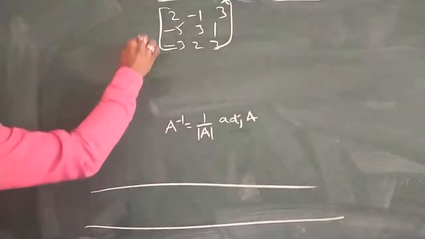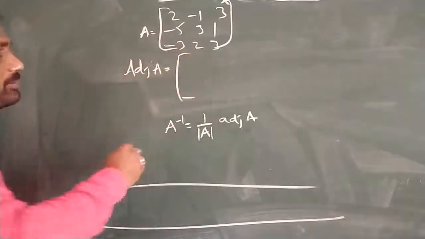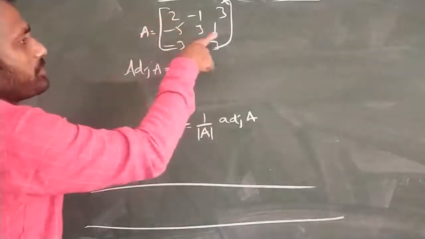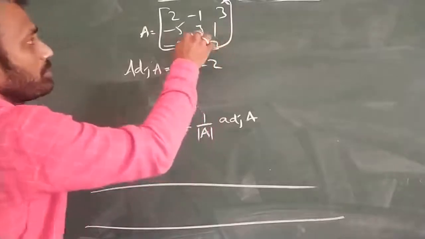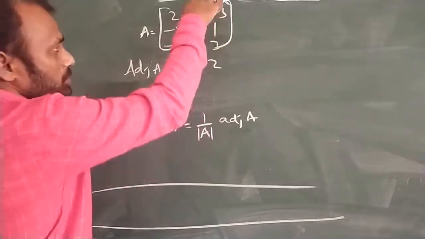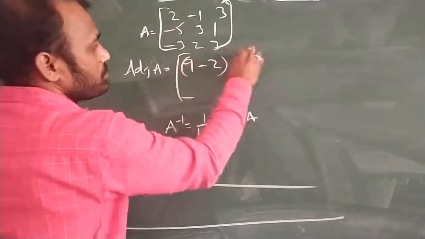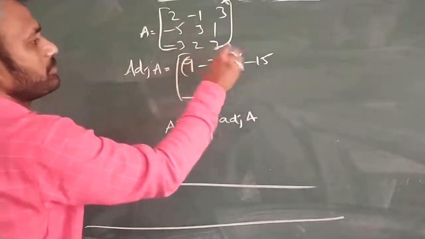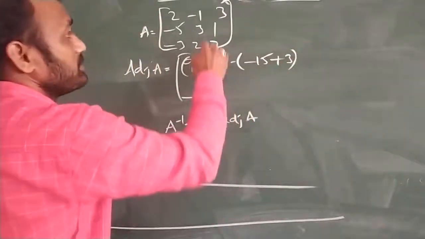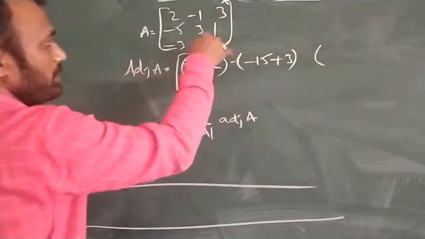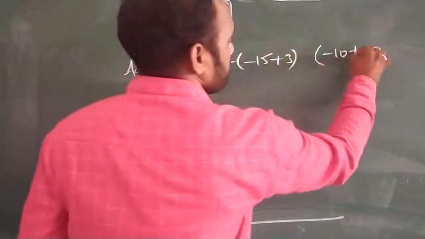So for this matrix A, if I want the adjoint of A, then 3 3s are 9 minus 2 for the first entry. Next, delete this column and this row: minus 5 3s are minus 15 plus 3. Next, delete this row and this column: it will be minus 10 plus 9.